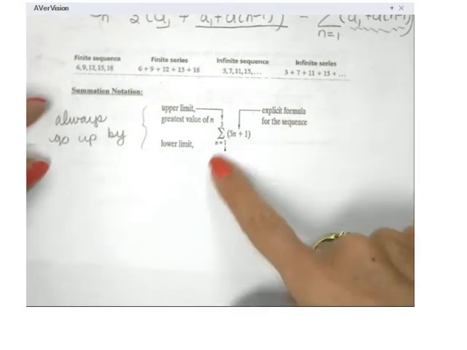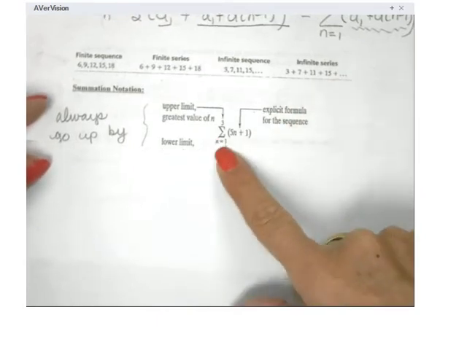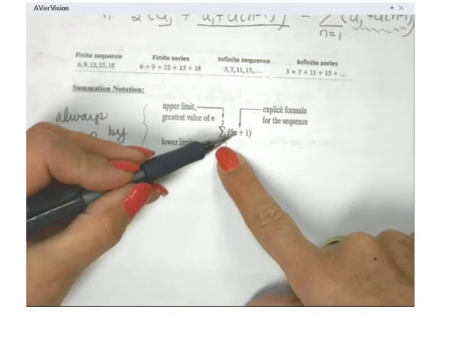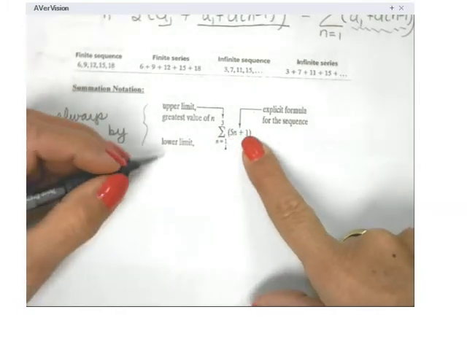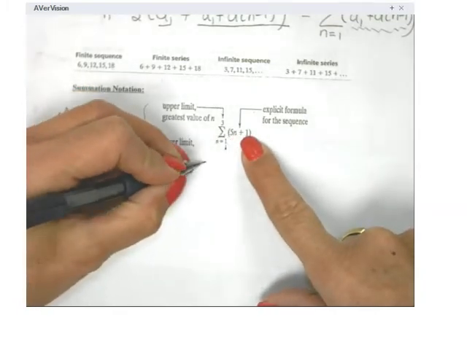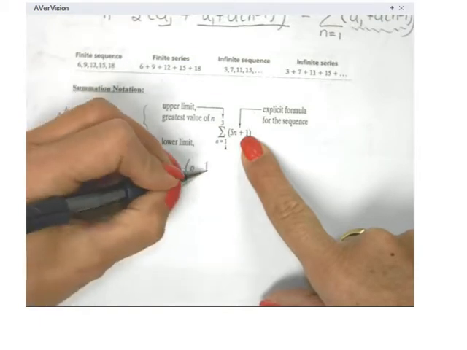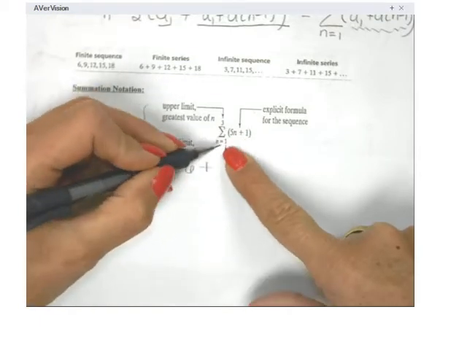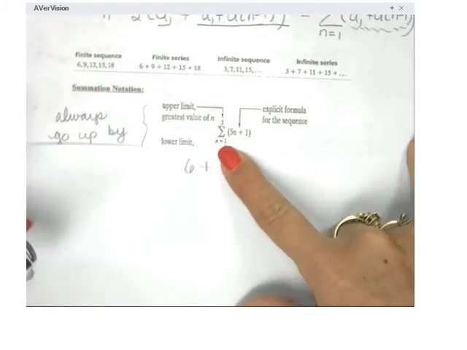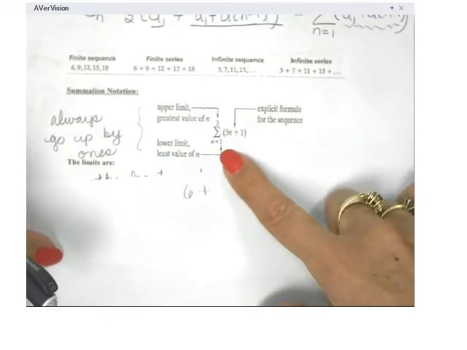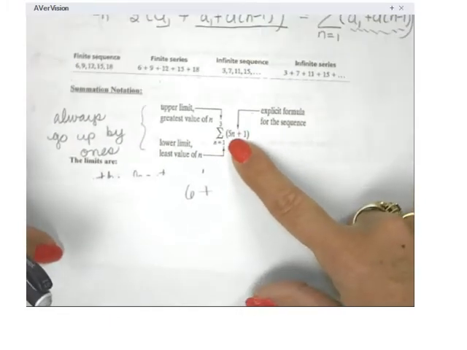So if I had this series, the sigma is telling me you're going to add up. This lower one says plug 1 in to begin with. And when I do, I get 5 plus 1, I would get 6. And then plus, that's what the sigma means. Next number, you always increase by 1. My next number would be to plug in 2, so I would get 11.